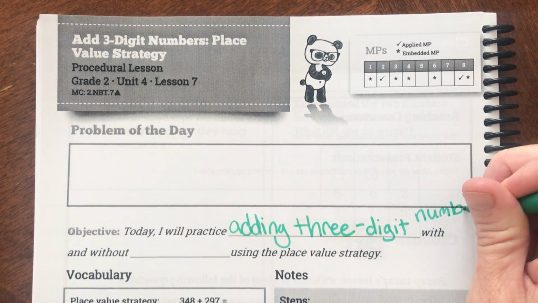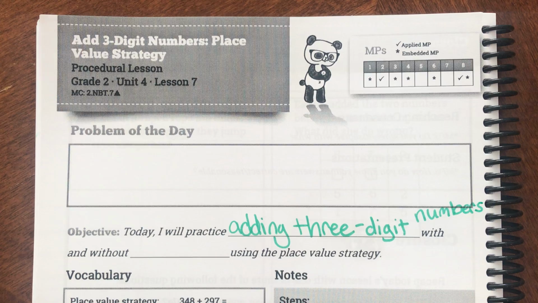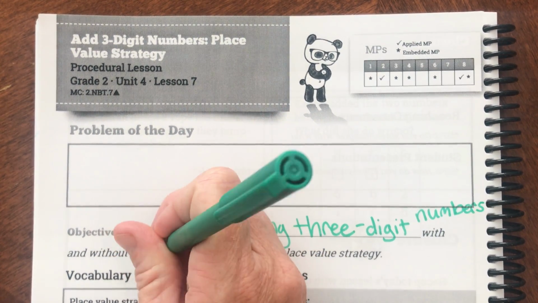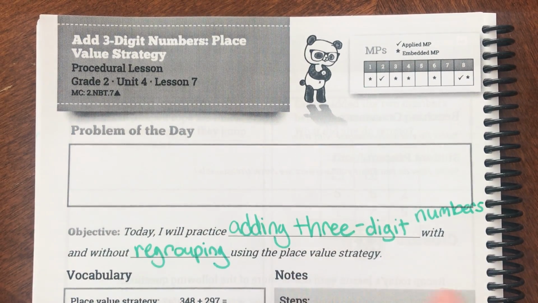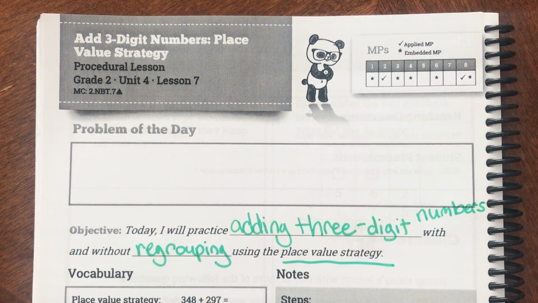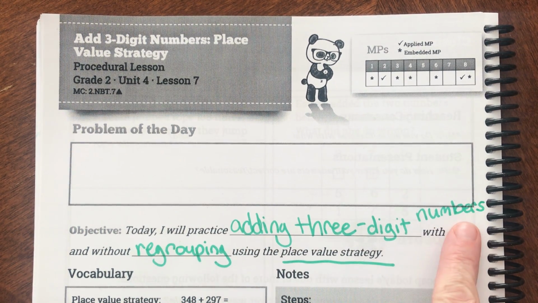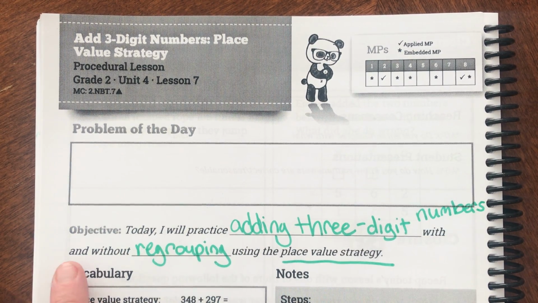So I'm going to have to squish it in here. 3-digit numbers with and without regrouping using the place value strategy. So let's read that one more time. Today I will practice adding 3-digit numbers, which means our numbers are going to be in the hundreds place, with and without regrouping using the place value strategy.